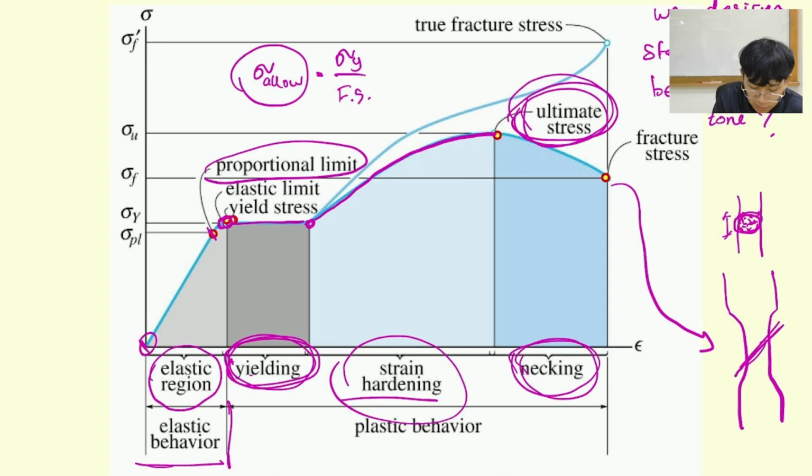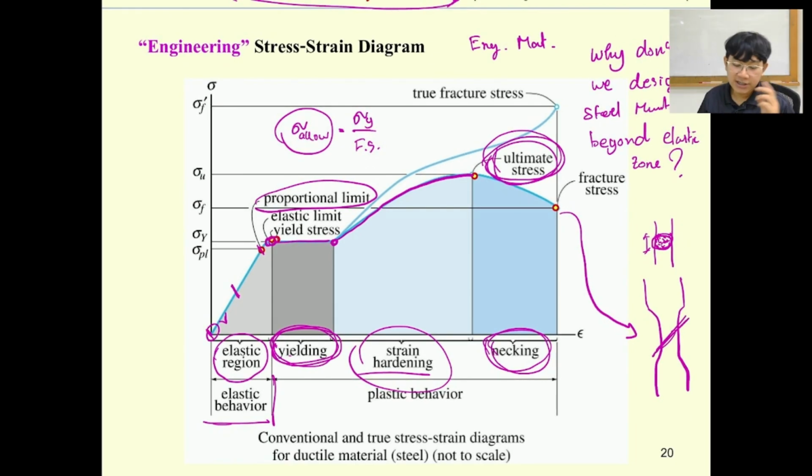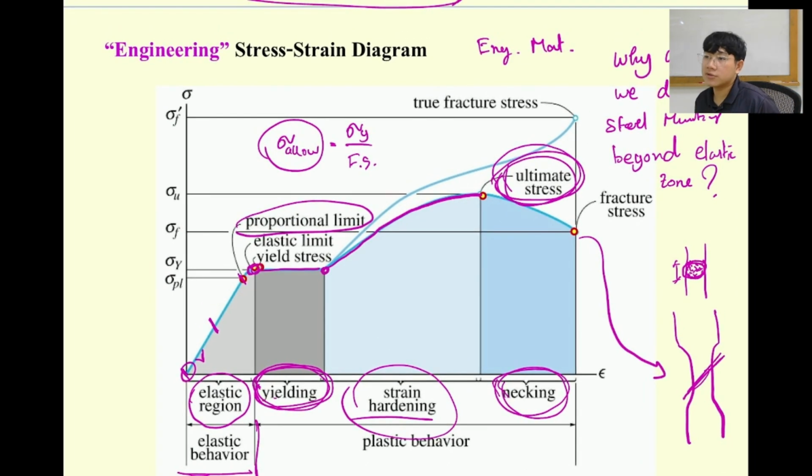But we only allow you to use not more than half of it. This produces, if you remember from the start, Hooke's law, which is the theory that lets you have only a small deformation in your members. So that's why we're not going to design the structures to go beyond the elastic zone, because it looks scary, right?